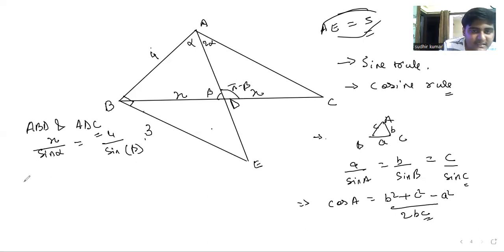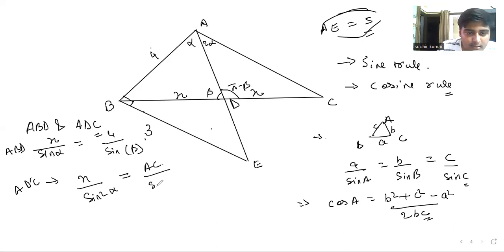And in triangle ADC, if we apply the sine rule, we get X upon sine 2 alpha is equal to AC upon sine pi minus beta, which is equal to sine beta. Let's move on to the next page and write the relations over here.